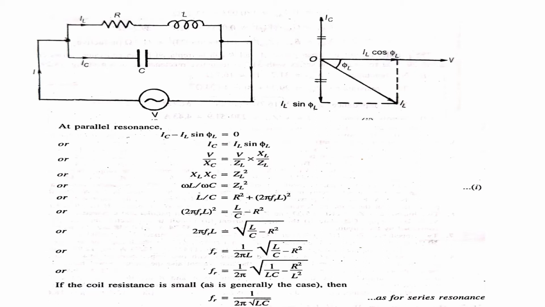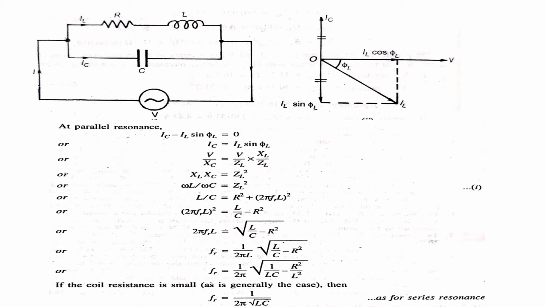Now this is again a diagram of the RLC parallel circuit and the phasor diagram of current and voltage. As shown in this phasor diagram and circuit diagram, at parallel resonance, IC minus IL sin phi L equal to 0.